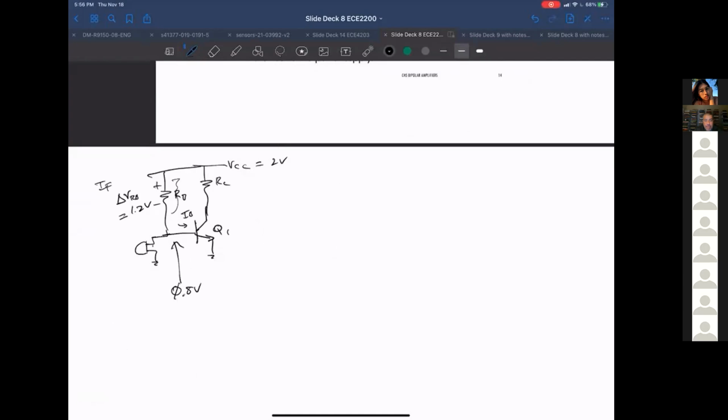Yes. So basically the idea is, what I'd like to do is this. I want to get this guy to somehow have a DC voltage of 0.8 volts-ish, right?